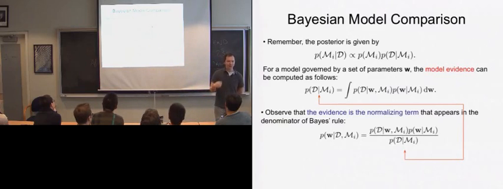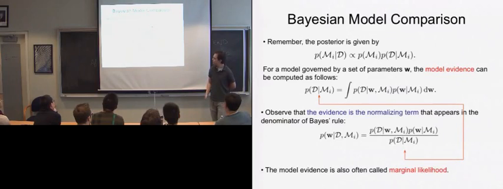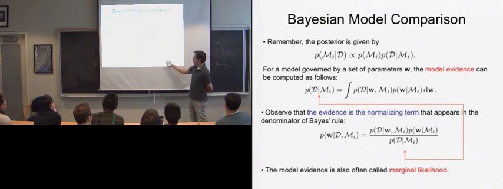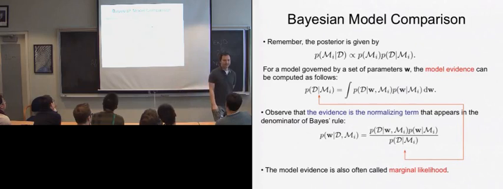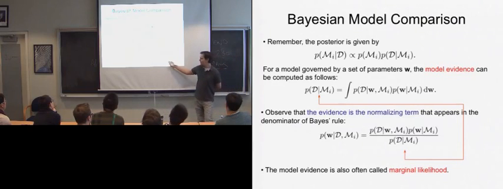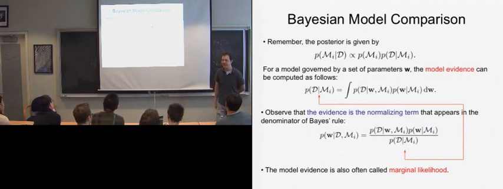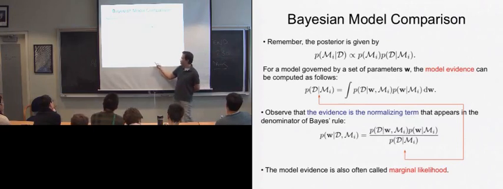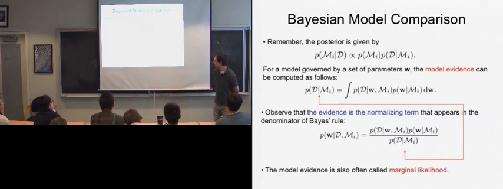So this marginal likelihood pops up again and again. You can think of the marginal likelihood as the evidence that the model gives to the particular data set you're looking at. It's also called the marginal likelihood, as I mentioned before, and it's one of the key concepts in Bayesian statistics. How do you approximate it? How do you compute this evidence? There's a lot of research in that area.